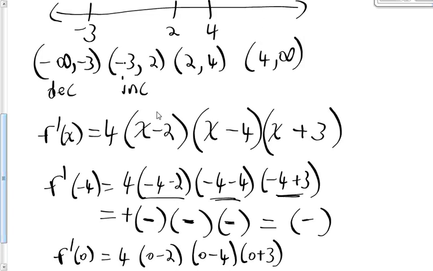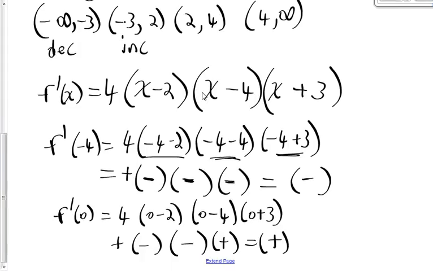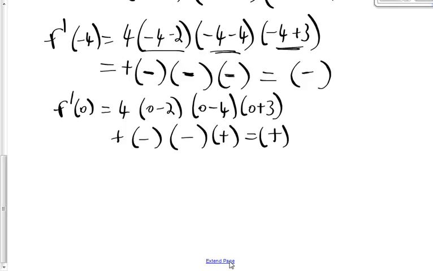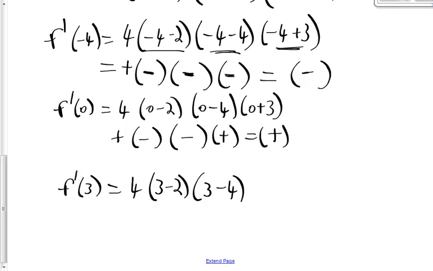All right, so let's look at a number on the interval from 2 to 4. A number on the interval from 2 to 4 is 3. So let's find the f prime of 3. It's going to be 4 times (3 minus 2) times (3 minus 4) times (3 plus 3).